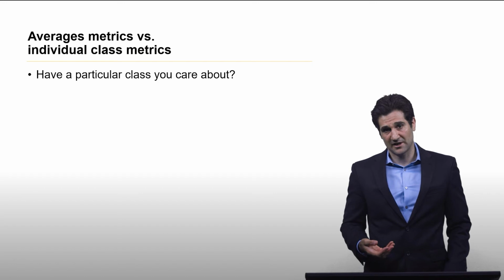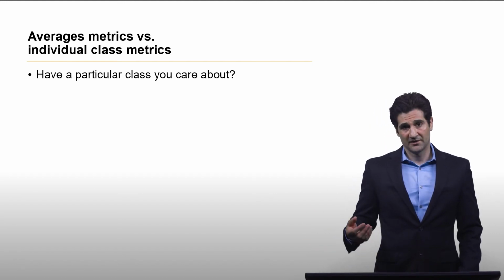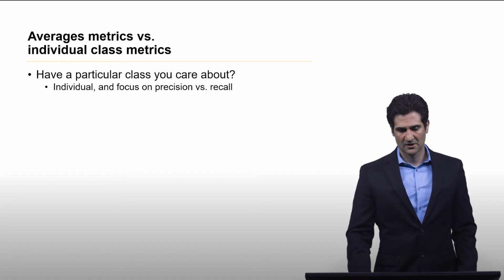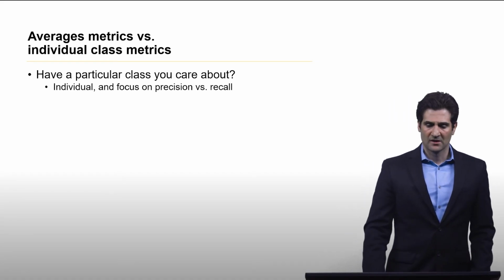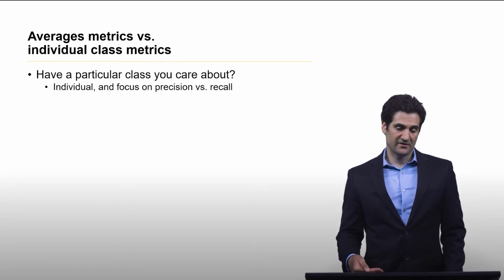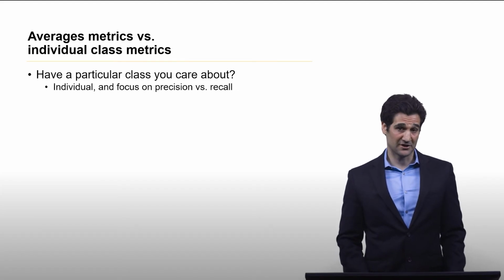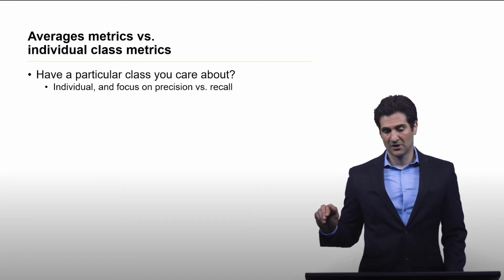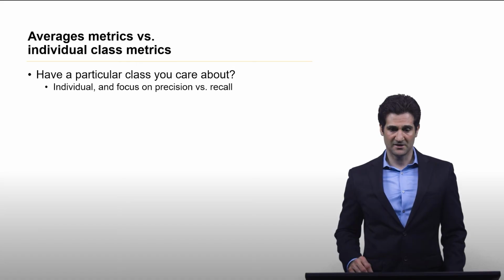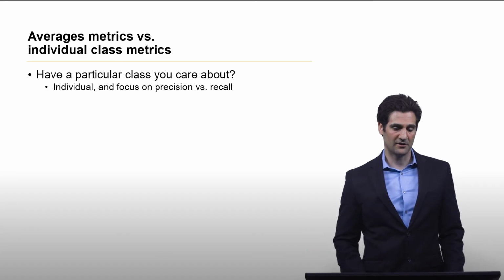In the cancer example, we clearly cared more about determining if the patient had cancer versus not having cancer. And so in that case, you will want to look at the individual class, and in general, you're probably going to want to look more at precision because you want to be able to identify if that individual had that target class with a very high probability.